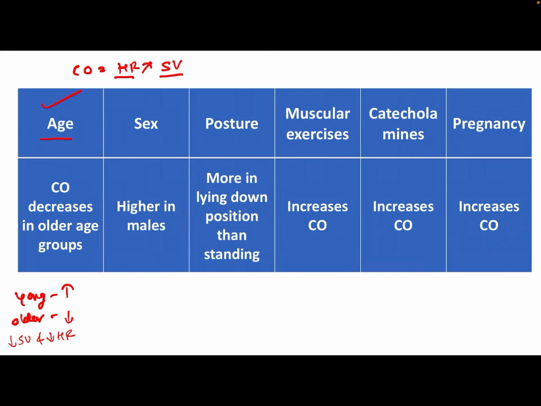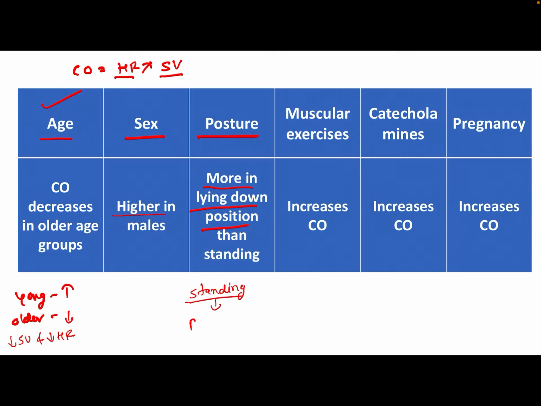Now gender, that is the sex of a person. In male it is higher, around 5.6 liter per minute, and in females it is on an average 4.9 liter per minute. So it is more in males. Then posture, the cardiac output is more in lying down position than standing. What happens in standing position?